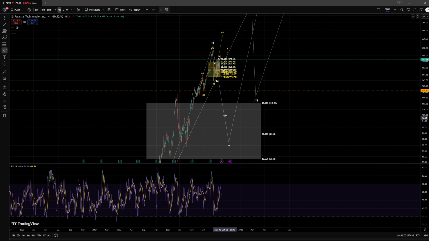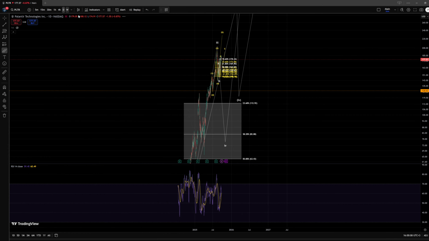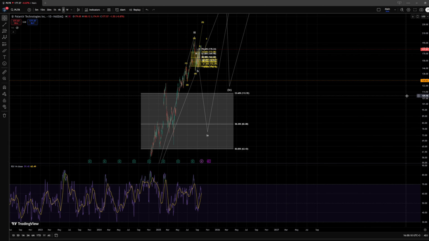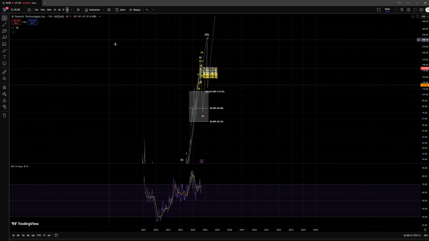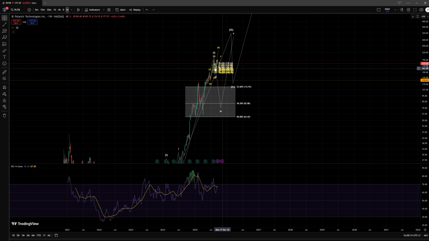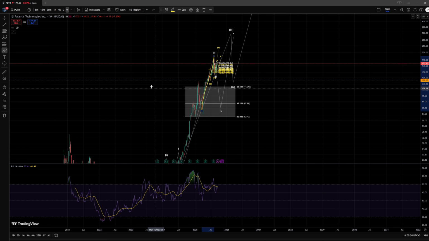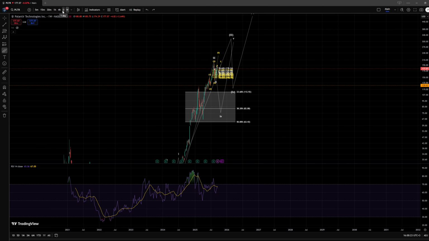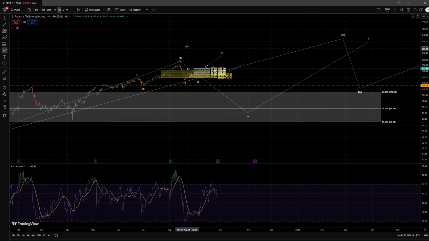The RSI gets some divergences, but even on the daily here we have already significant divergence. Even on the weekly we have significant divergences, so technically this is clearly a fifth wave developing, but it is not very clear to what extent it can still go towards higher prices.